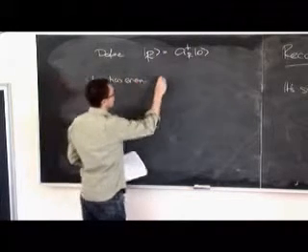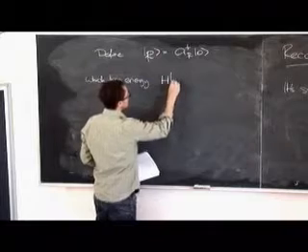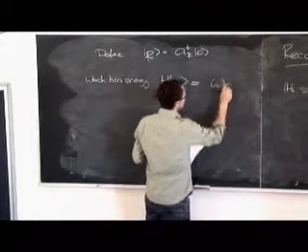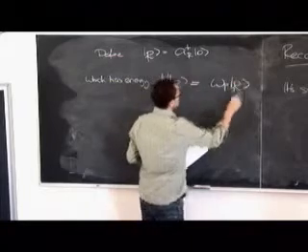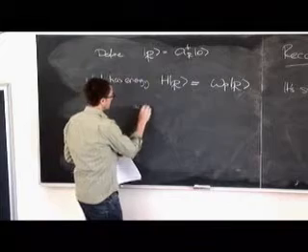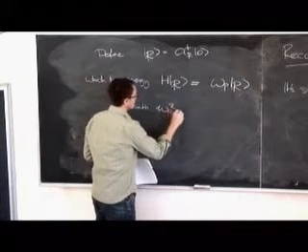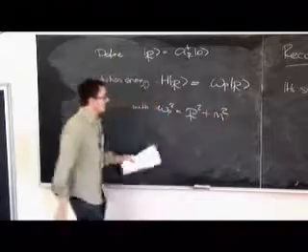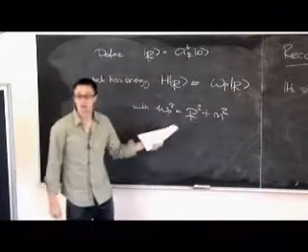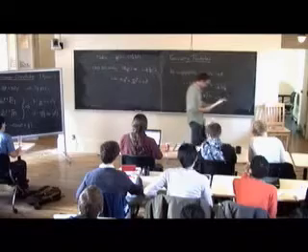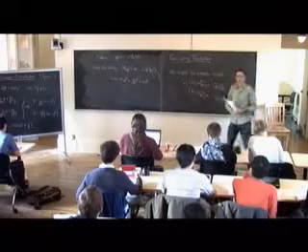What's the Hamiltonian for this? Or what's the energy of this state? The Hamiltonian acting on P is just omega P. We had a definition of omega P, it was equal to this. Okay, but this should be very familiar.